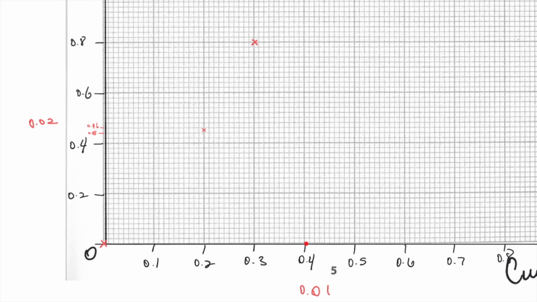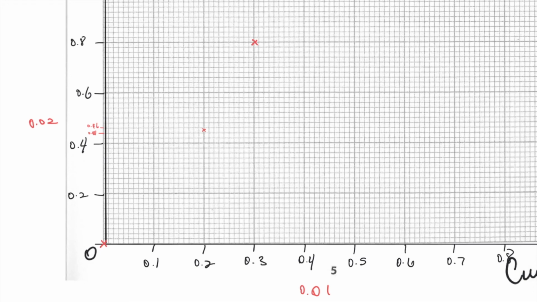We say 0.4 plus 0.01 is 0.41, 0.42, 0.43, 0.44, 0.45. So this is where we have 0.45, and we go up now to being in line with 1.0, and it means that this point here is the point that we have to plot. So this is our point 0.45 and 1.0.